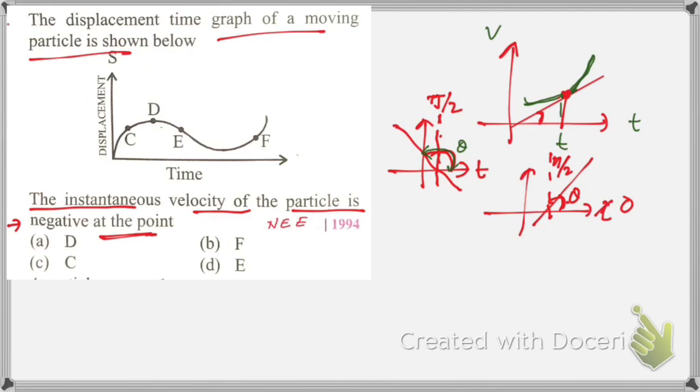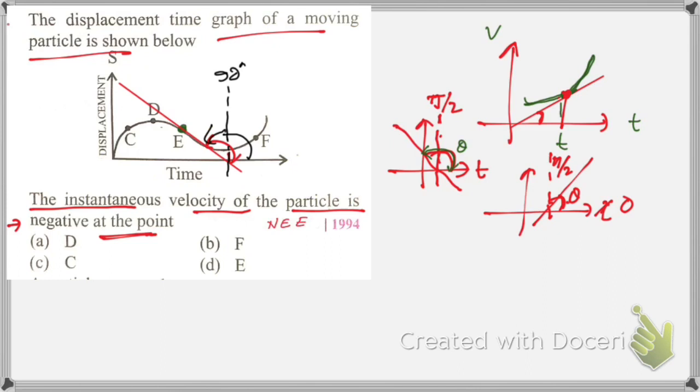So here you can see clearly, if you draw a tangent at this point E, then you are going to get a negative slope. Because this angle is more than 90, it is exceeding the 90-degree angle, right?